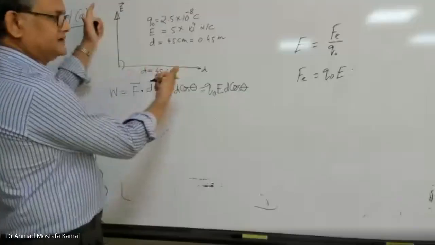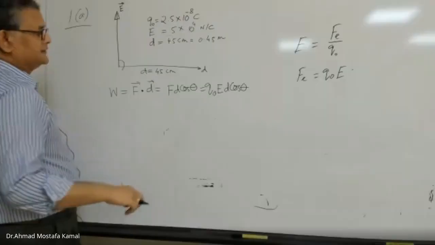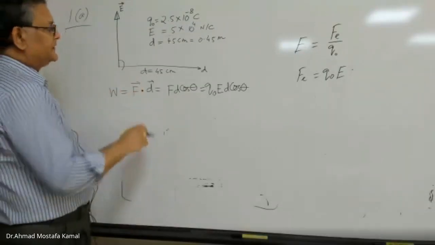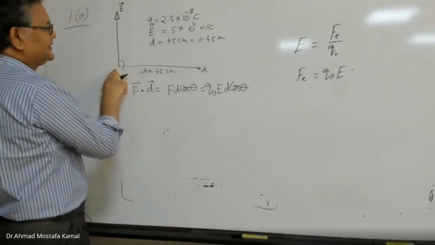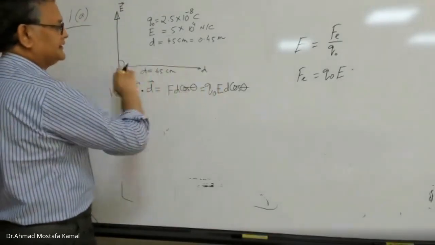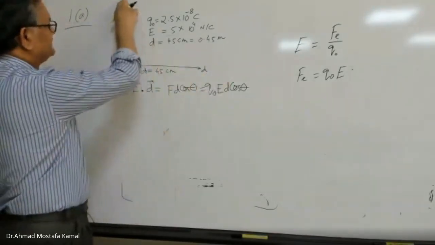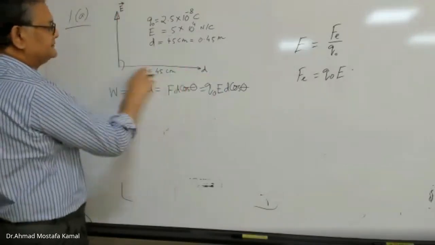Upward and right. What is the direction? 45 centimeters to the right. No. The first problem. It is said E is in the upward direction, and D is in the right direction. So what is the angle between E and D? 90 degrees.